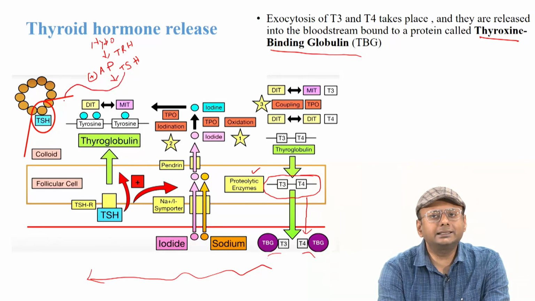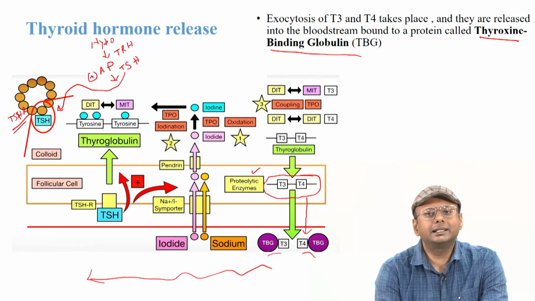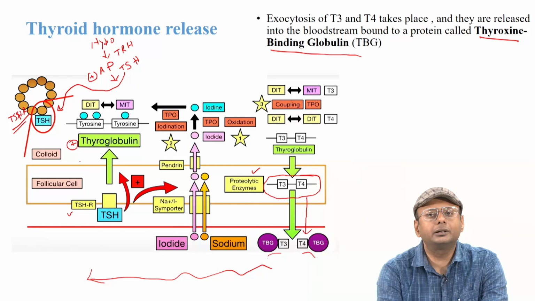This TSH eventually comes and binds with the receptor called the TSHR receptor, and once it is bound with the TSHR receptor, it stimulates the production of the thyroglobulin from the follicular cells. Eventually the thyroglobulin goes to the colloid.